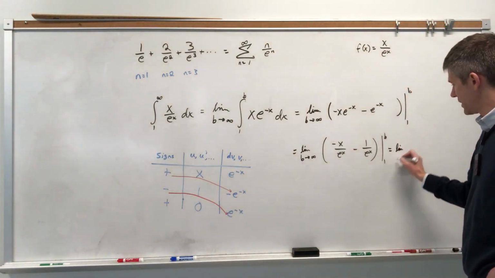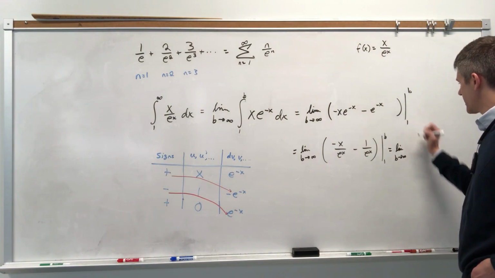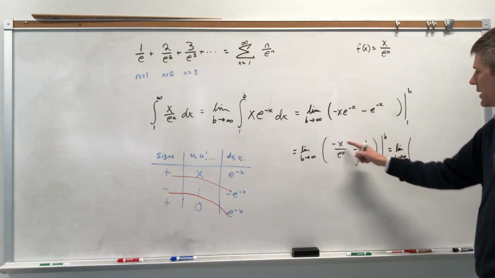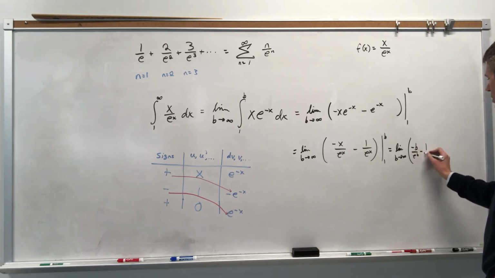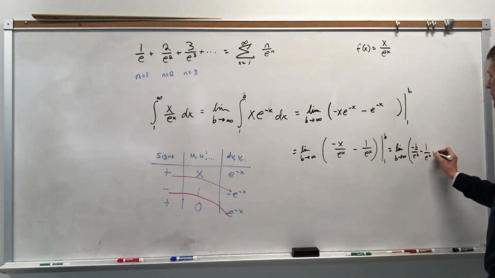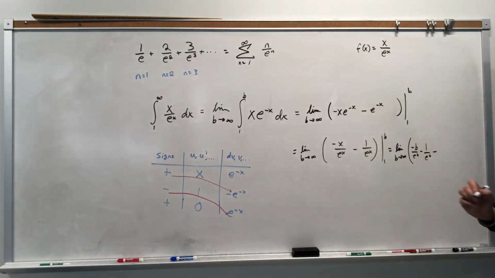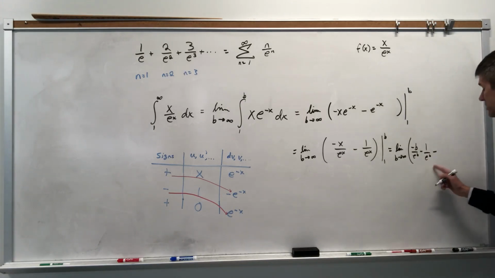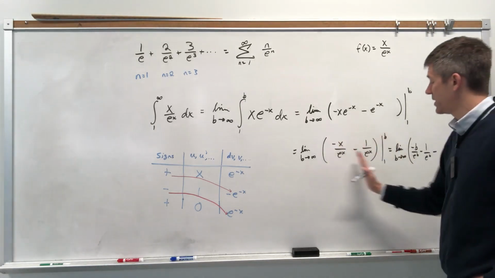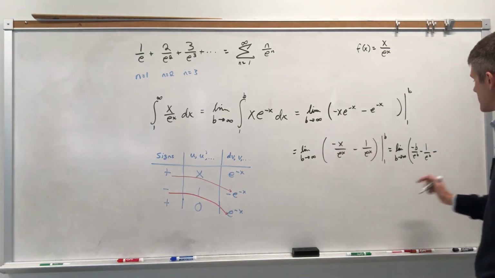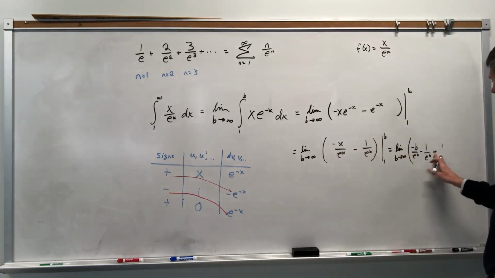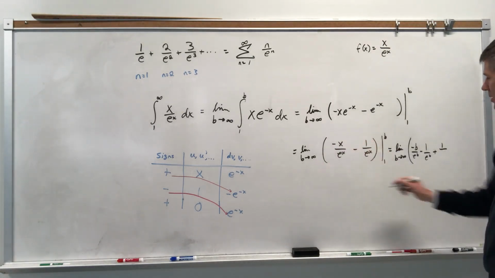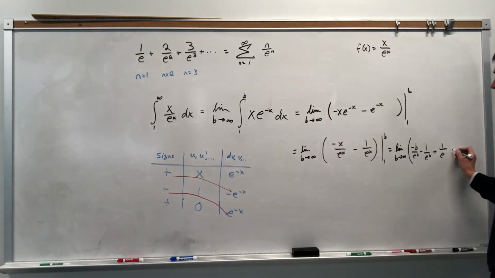The limit as b approaches infinity of negative b over e to the b minus 1 over e to the b minus, I'm going to get tricky with your signs, be careful. We're going to subtract this, which means I'm going to have plus, so minus that negative, 1 goes here, and then e to the 1.